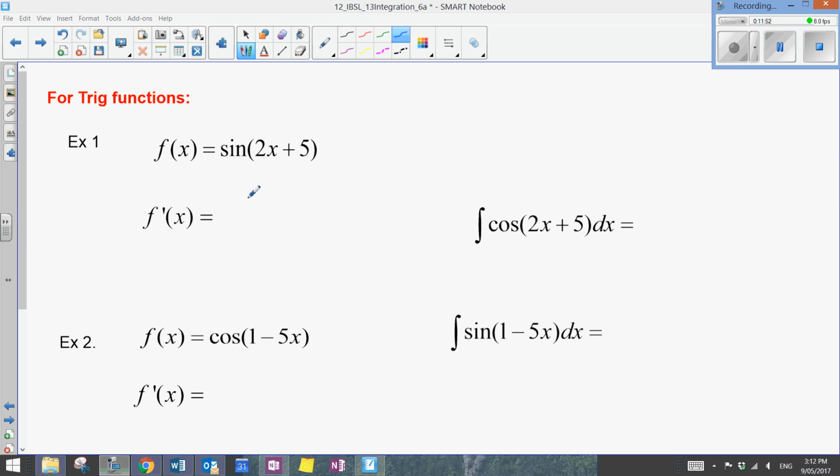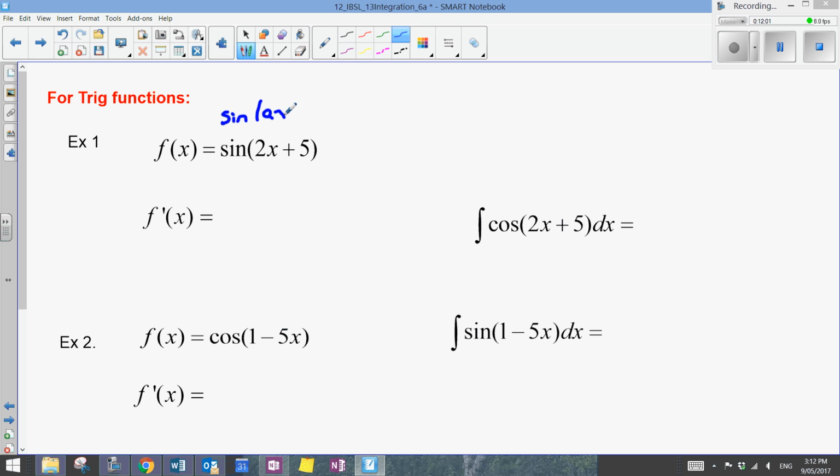Last but not least, let's take a look at our two trig functions. So when we took the derivative of a sine function, and again, the input is in the form of ax plus b, so a linear input, we take the derivative of the outside function, so cosine, keep the input the same, and then we multiply by the derivative of the inside, which is this a value of 2.